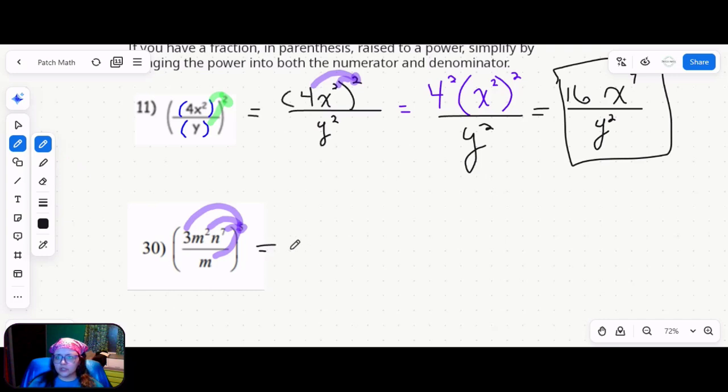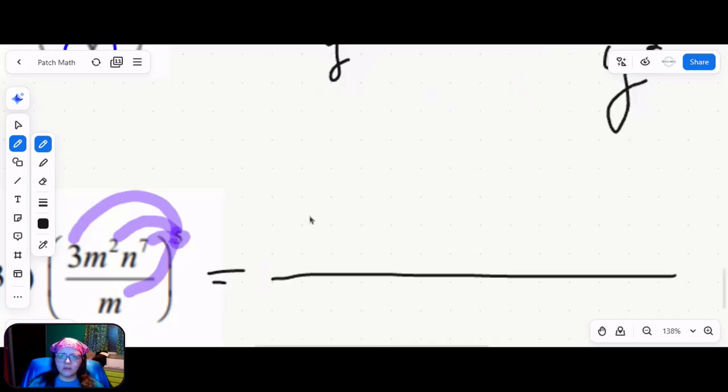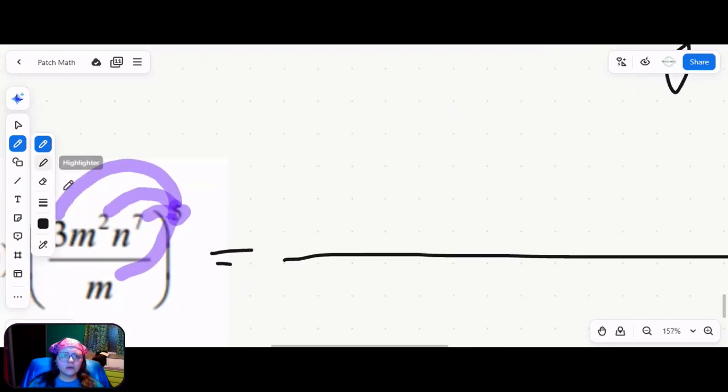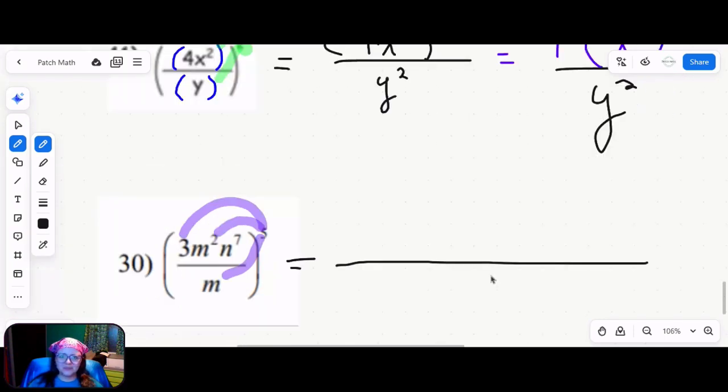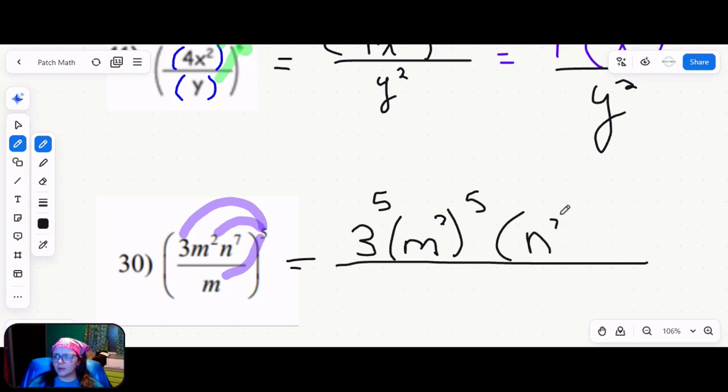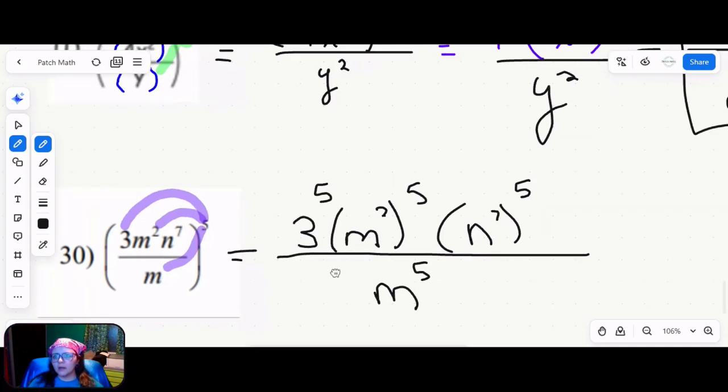So if we just jump straight to doing all of that, that is 3 raised to the 5th power, m squared raised to the 5th power, n to the 7th raised to the 5th power, and then m to the 1st power, if there's an invisible 1 there if you want to see it, raised to the 5th power, or we can just simply go ahead and write that one as m to the 5th power.